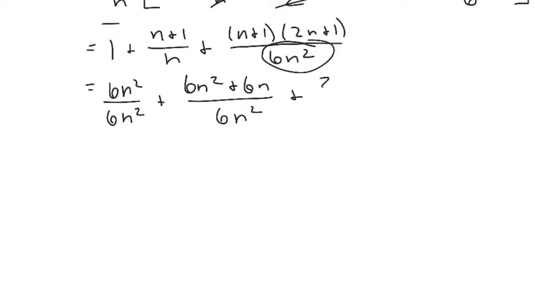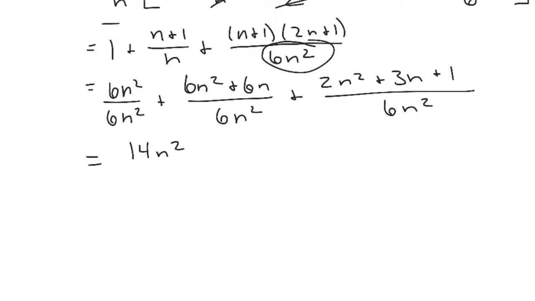This is 2n squared plus 3n plus 1 over 6n squared. Add my like terms. 6n squared plus 6n squared plus 2n squared, that's 14n squared. 6n plus 3n, that's plus 9n plus 1 over 6n squared.